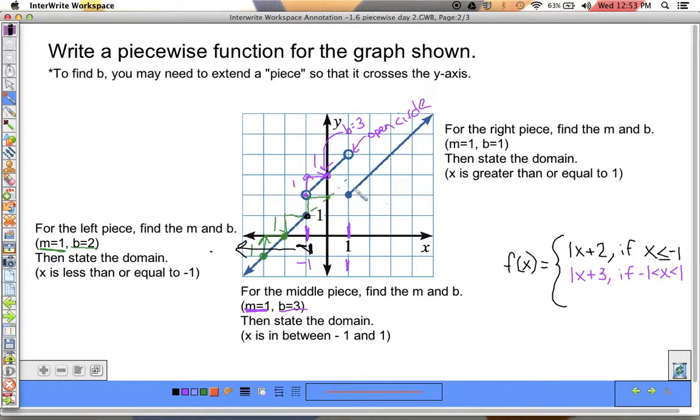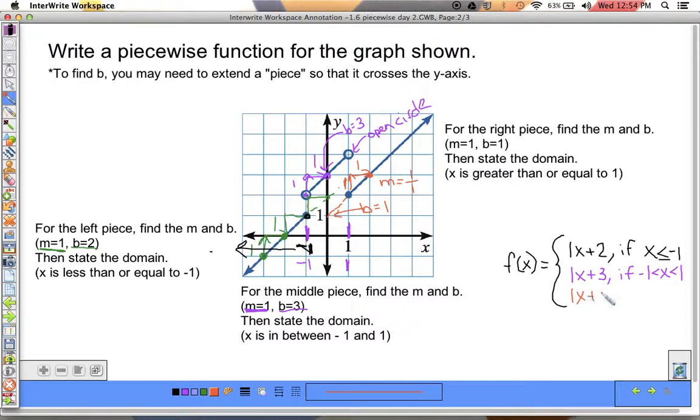Third piece, do the same thing again. So pick 2 points. We got rise 1, run 1. So the slope is 1/1. And then I'm going to extend that out again because it doesn't cross the y-axis right now. So I'm going to use that slope to help me. If I go 1 and 1, my b ends up equaling 1.